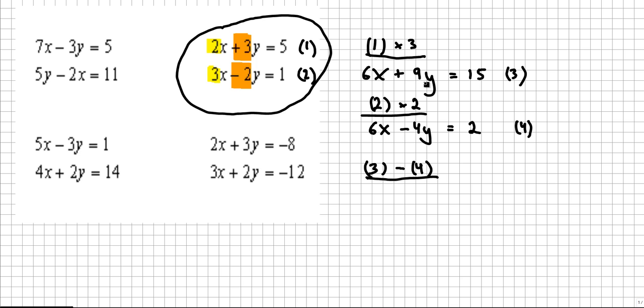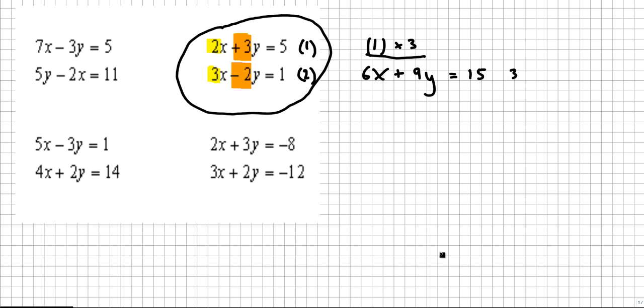So we're going to have 9y plus 4y is 13y. Remember, equation 3 minus equation 4. So 15 minus 2 is 13. And from here, it's very easy to get the value of y, and then we can continue with x.